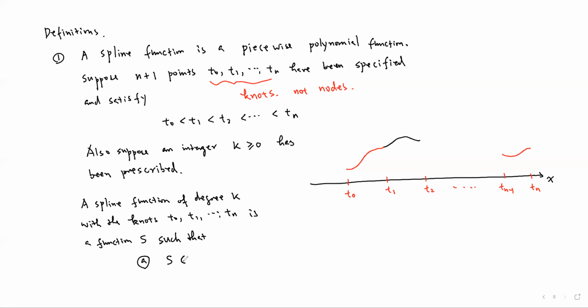This function is in the set C^(k-1)[a,b]. Suppose that [a,b] is the interval containing all the knots. Say a is here, b is here. So S should have continuous derivatives of order up to k minus 1 on [a,b].